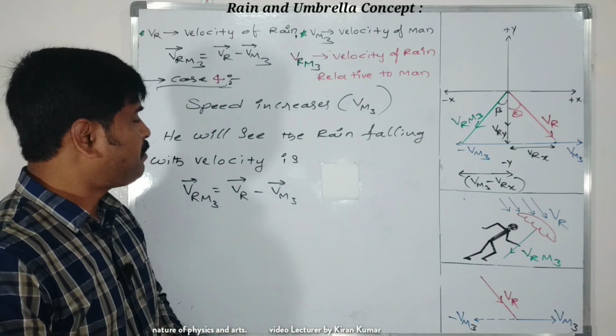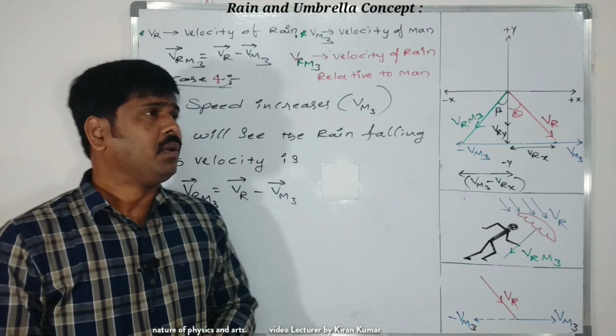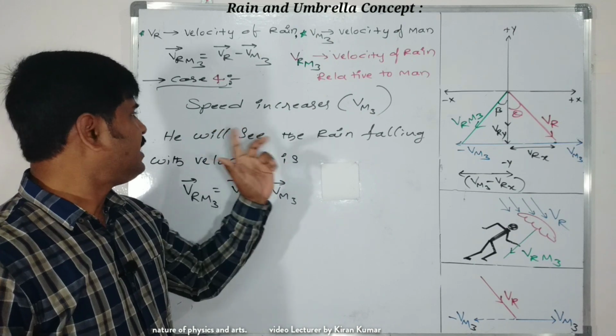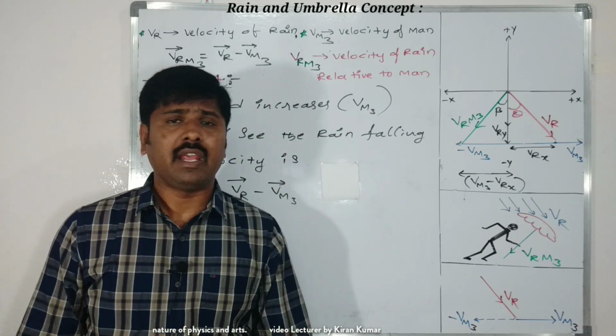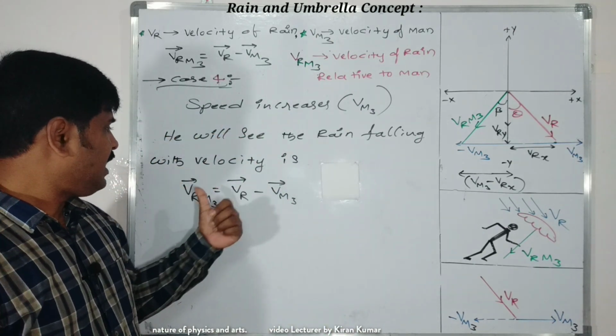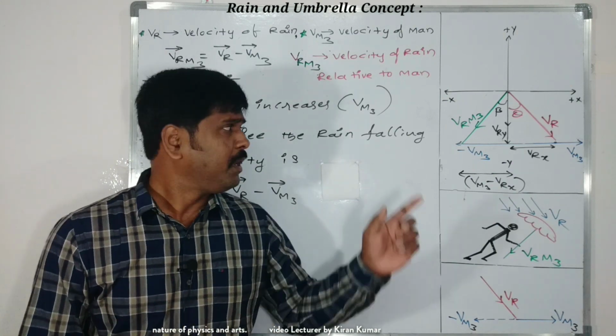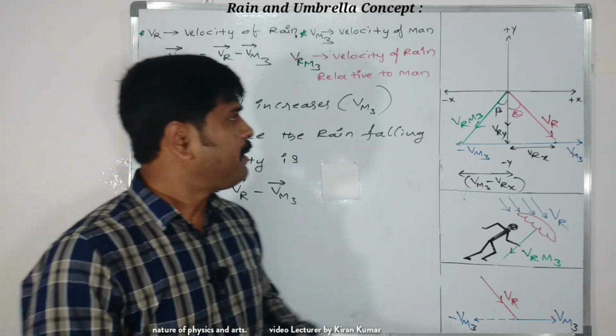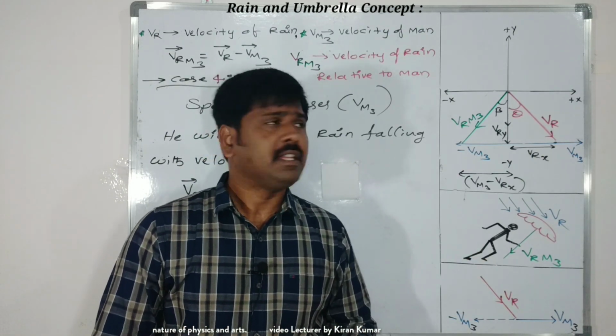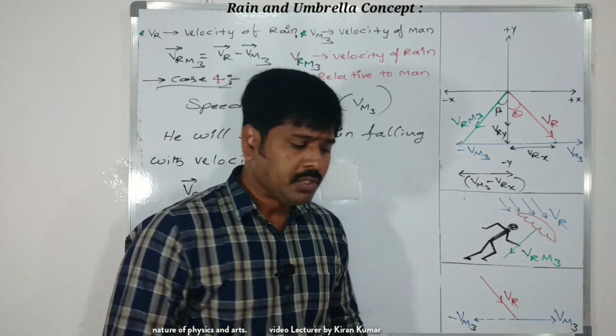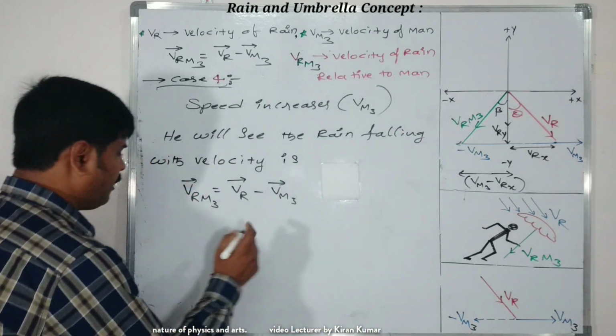Step by step, as the speed increases, he will see the rain falling with velocity Vrm3, already just now completed. And beta, what is beta here? Beta is the angle made by the umbrella with the vertical, so we can write tan beta.